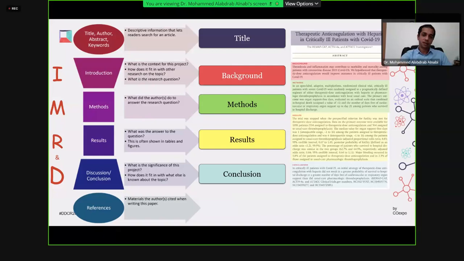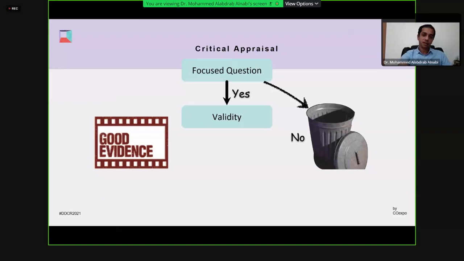But if it does, the second most important question is validity, otherwise known as internal validity. Validity meaning, is the study designed well? That's where the methods section comes in. So validity is in the methods section. So if it was well designed, well analyzed, well randomized, well blinded, well controlled by gold standards, we'll go through these in a minute, inshallah.